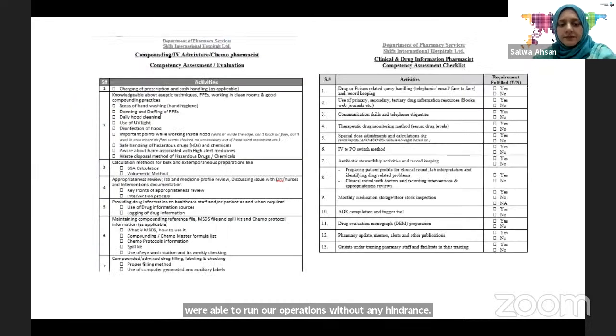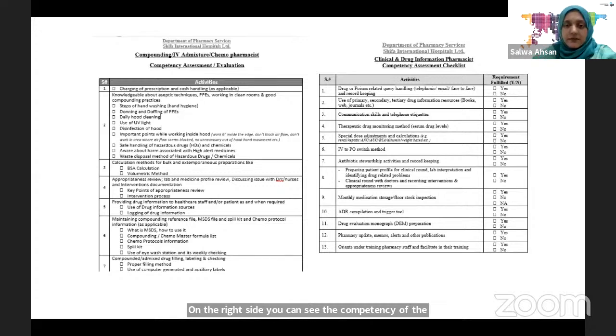Next, please. This is just an example of the competency checklist. On the left side, you can see the compounding competency checklist. You can see entries regarding the laminar flow hoods, aseptic techniques, maybe spill kit management, maybe some calculation skills. These are built into the competency of that area. On the right side, you can see the competency of the Drug and Poison Information Center pharmacist.